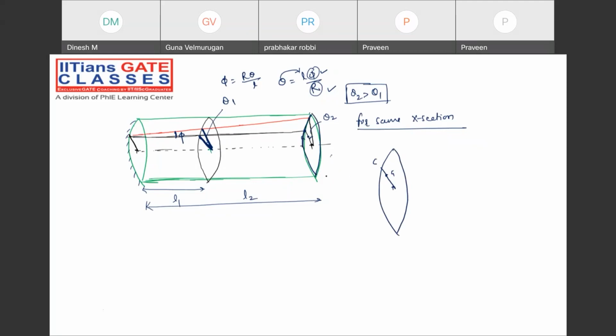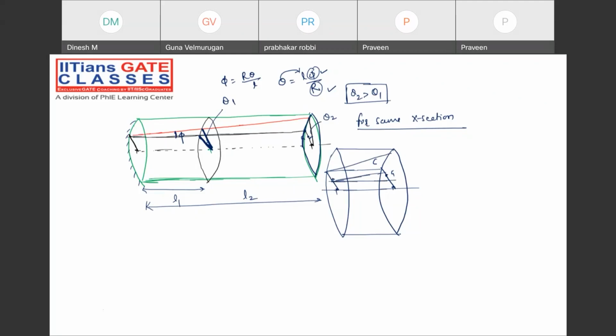At the G point, what will happen? What will happen with the phi value?